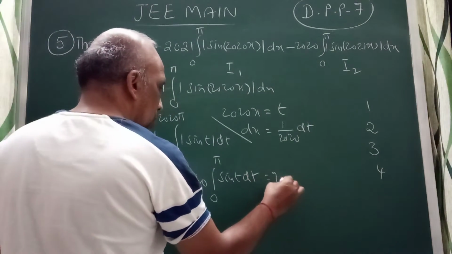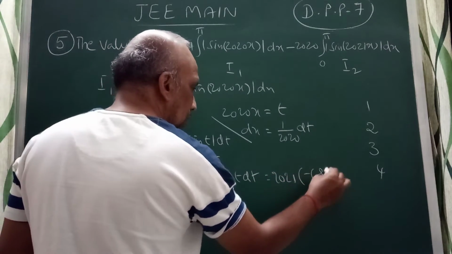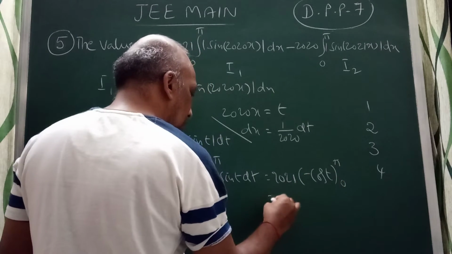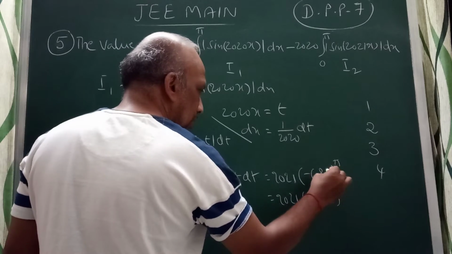I can write 2021 times the integral of sine t, which is minus cos t, applying limits 0 to pi. That gives 2021 times minus cos pi plus cos 0.